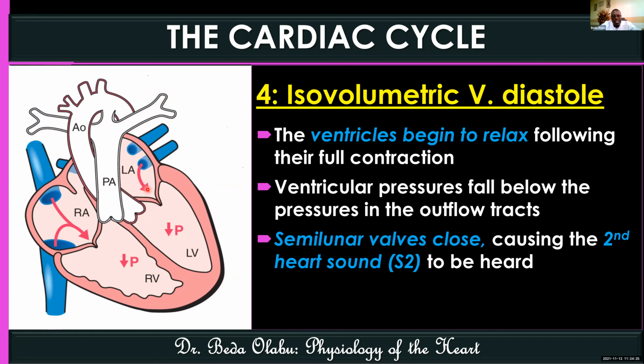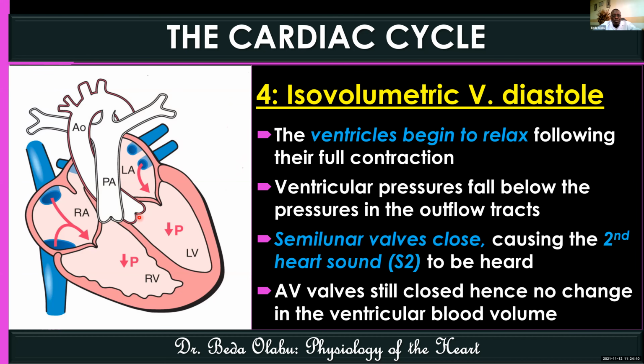The second heart sound is caused by closure of the semilunar valves. It occurs during isovolumetric ventricular relaxation. Why are we calling this isovolumetric? All the valves are still closed. Look, the semilunar valves are just closed because the pressure in the ventricles is decreasing.